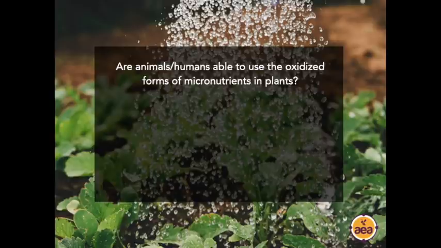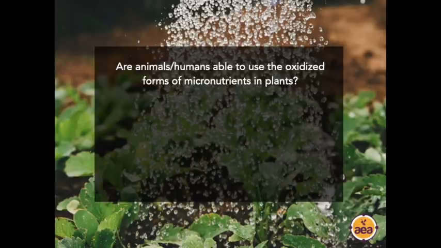So I don't know this answer for sure, but I think it's reasonable to guess that whatever is absorbed, even in the oxidized form, is probably converted to the reduced form in the rumen. Is that also true of the microbiome in the digestive tract of a monogastric animal such as ourselves? I don't know the answer to that, perhaps.